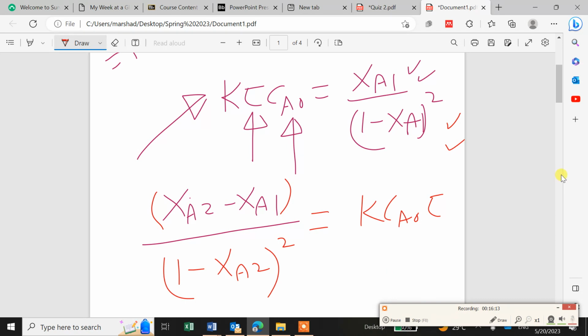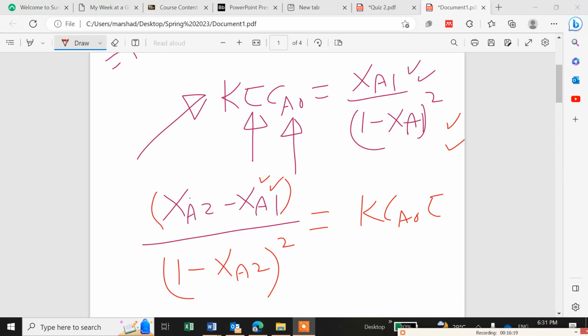So if conversion 1 is known, you can find conversion 2.